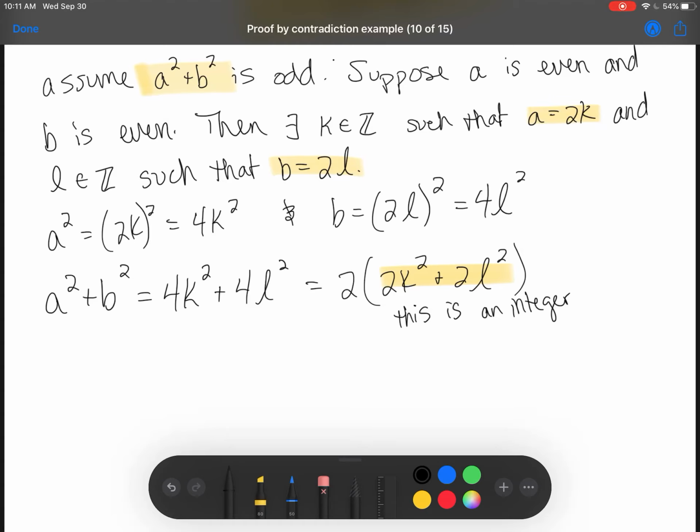So what we really have here is 2 times an integer. So this tells us that a squared plus b squared, what we started with over here, is actually even. Is that okay? Well, not really, because up here we were assuming that a squared plus b squared is odd. So now we have a contradiction.